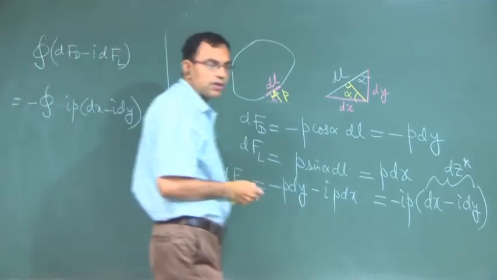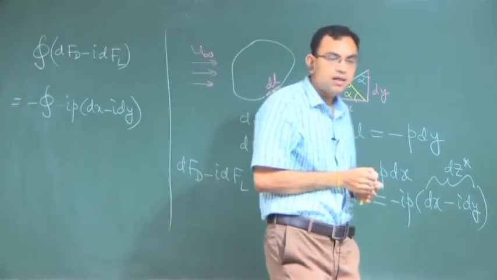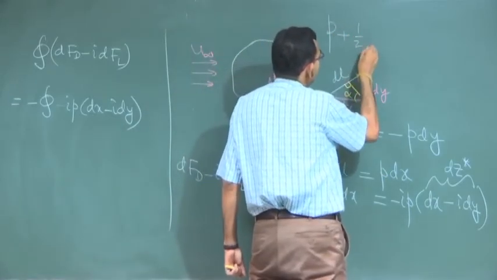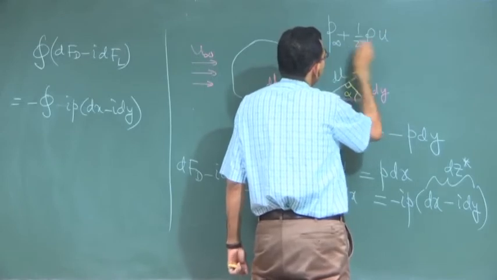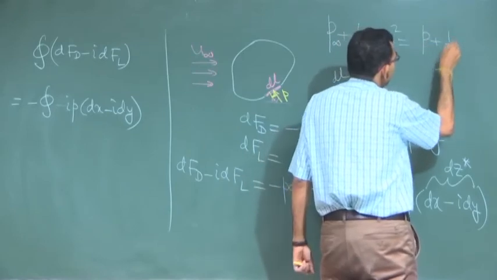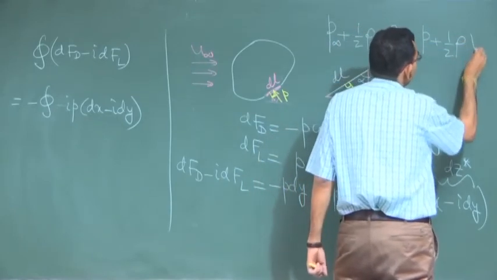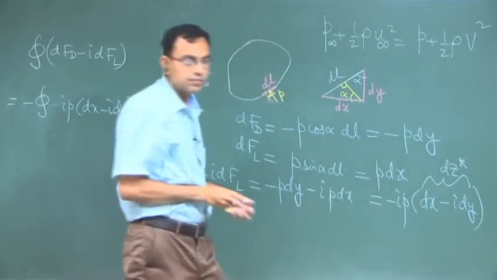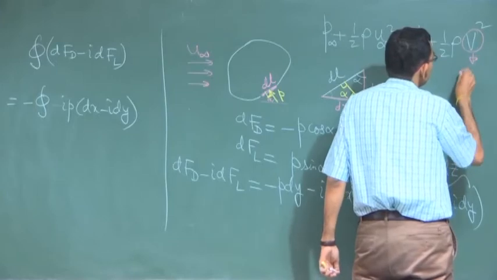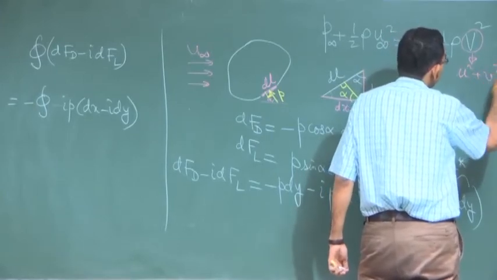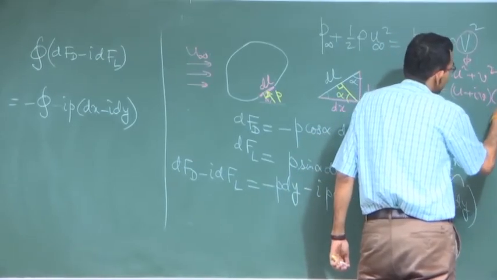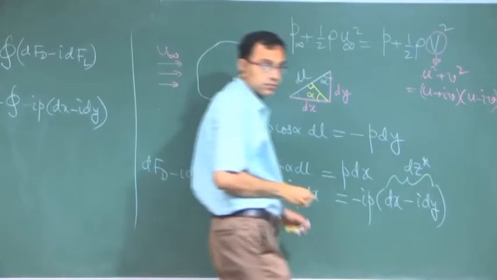Now, as we wrote for the problem of flow past a circular cylinder, in general, assuming those assumptions are valid, we can write p infinity plus half rho u infinity square is equal to p plus half rho V square, right. V square is nothing but small u square plus small v square. So, this is u plus I v into u minus I v. Okay.